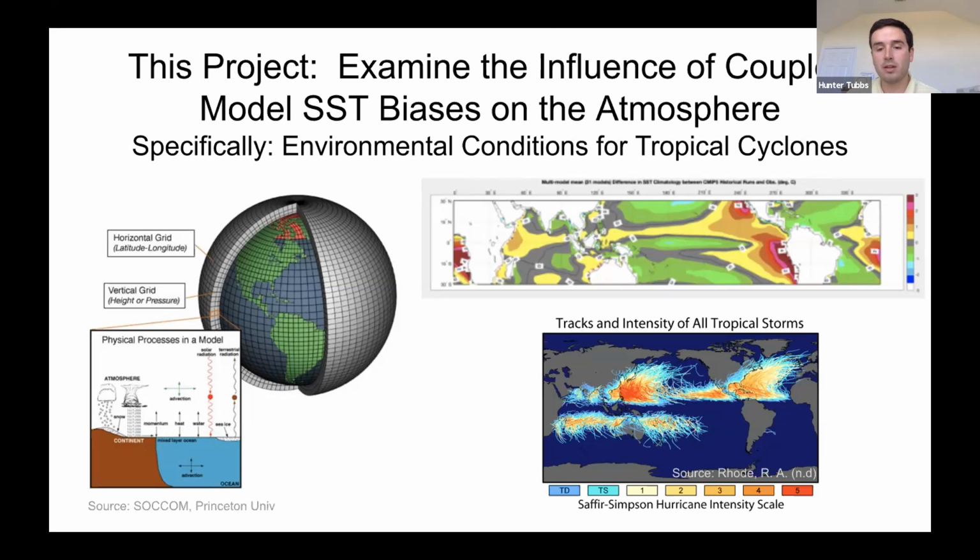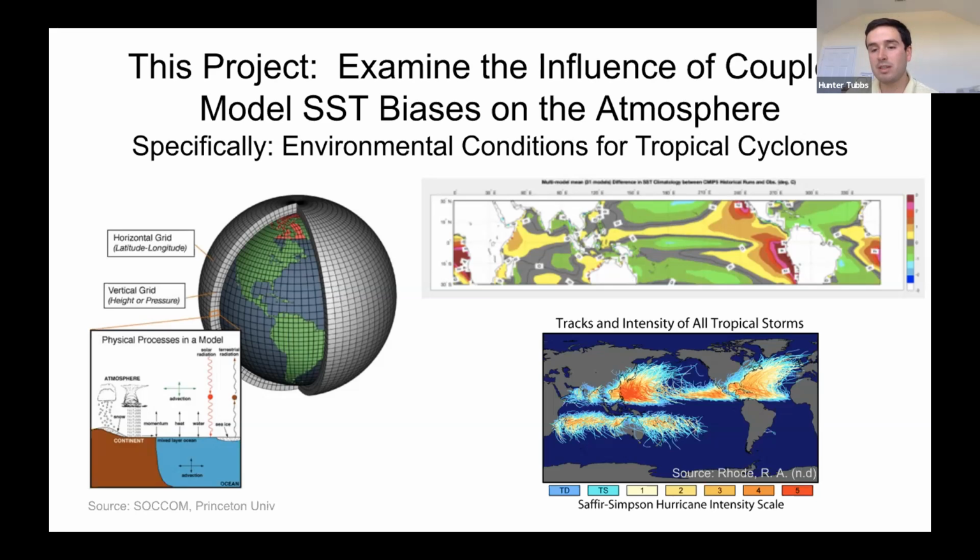So for example, the top right-hand panel shows the multi-model, which is a 31 model, difference in sea surface temperature between climatology and the CMIP5 historical runs in degrees centigrade. And we can see in this plot that there were sea surface temperature differences between the control runs and observations, these SST biases, of between 1 to 3 degrees centigrade in generally the same area as the El Nino plot that I had shown earlier.